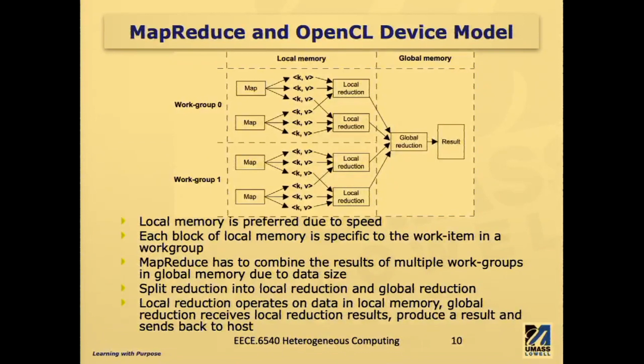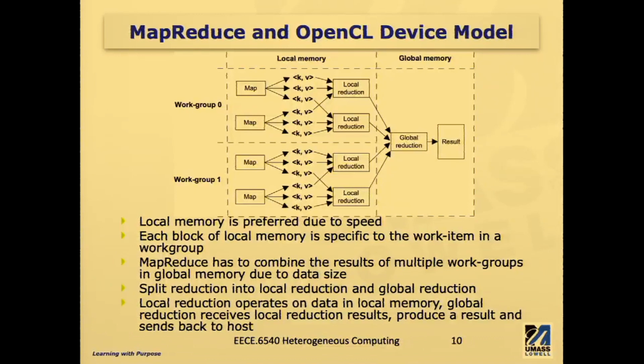Also, we would like to use global memory, but there's a caveat that we have to pay attention to. If you have all the key value pairs in the global memory, you end up having all the work items compete on the memory bandwidth, in addition to the capacity of the memory.